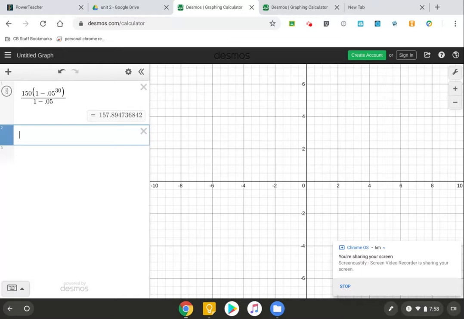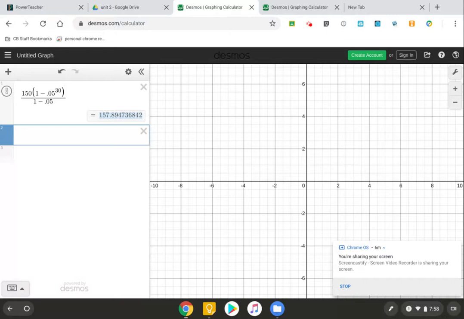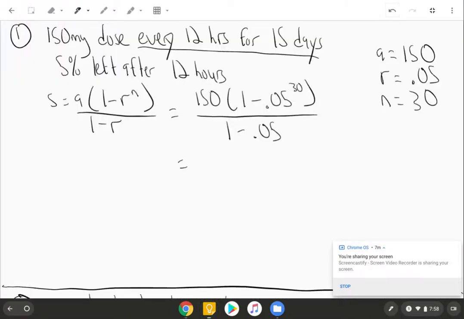I did this up here before. All right, so I plugged that in, and this is my answer. We'll go ahead and round that to 158 milligrams. So there will be 158 milligrams of medicine in his body after he takes his last dose, after he takes his 30th dose.